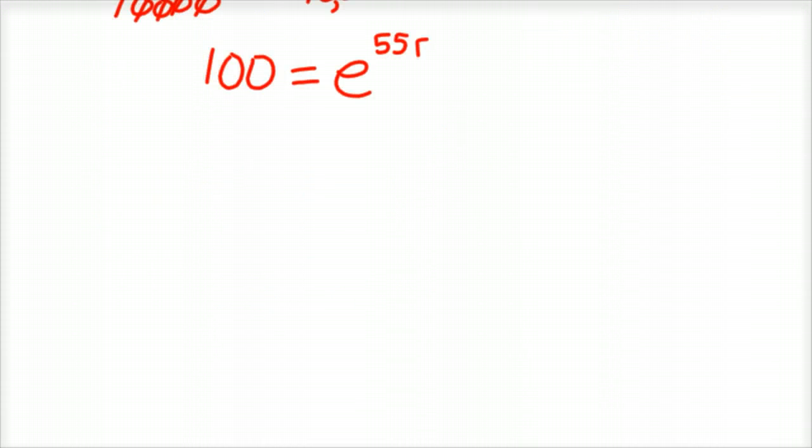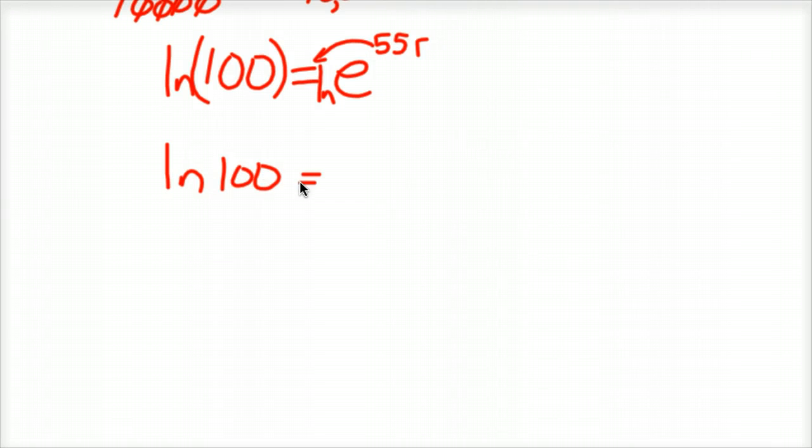And so your next step is to natural log both sides of that. So we're going to natural log here, kind of like dividing both sides, doing the inverse of both sides. Whatever you do to the left, you can do to the right. And the reason we do that is because when you log with an exponent, that exponent pops out front, rule 3. So natural log of 100 equals 55R natural log of e.